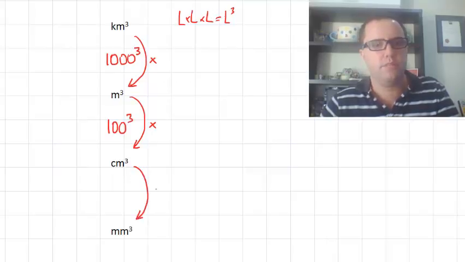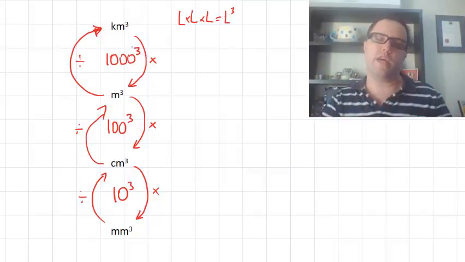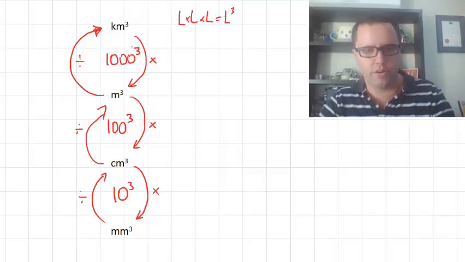Centimeters cubed down to millimeters, still multiplying, and this now is going to be 10 cubed. All right. Again, we divide and we're going back up this way. And from meters to kilometers, well, there's a big line there. Okay, dividing that way.